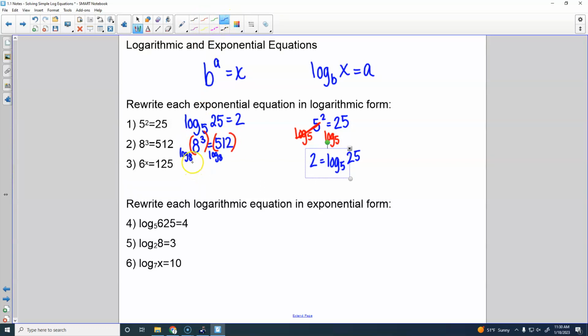So if I wrote it out neater, it's log base 8 of 8 to the third power equals log base 8 of 512. And as long as the bases are the same, if you have log base 8 of 8 raised to a power, these 8's right here cancel. You're just left with a 3. And then over here you would have log base 8 of 512.